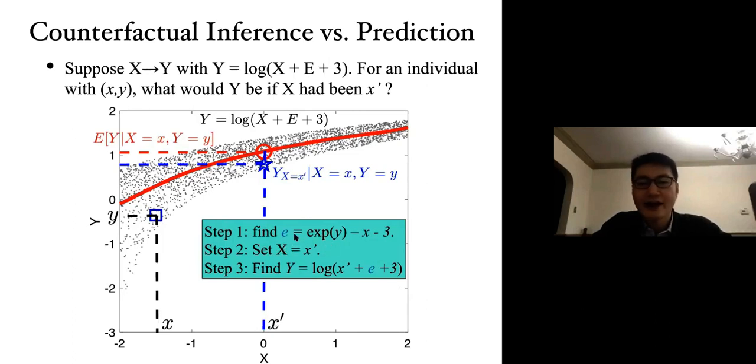And then I use E and X prime to find the value of Y according to the structural equation model or the causal mechanism. So we have this value, and this is exactly the value indicated by the blue star right here. So you can see this value can be very different from the expectation of Y given X prime.